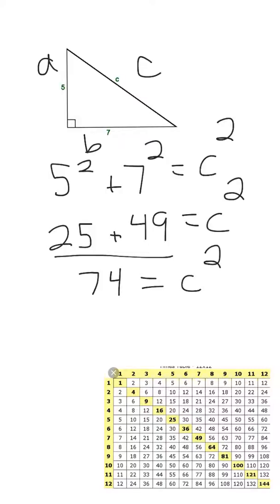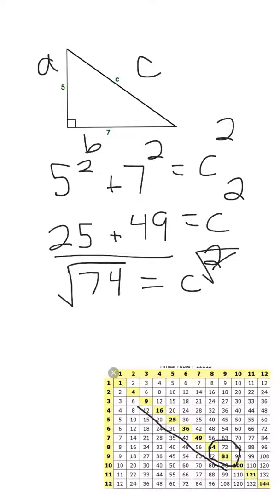Then to get rid of my square, I take the square root, so I also have to take the square root on this side. For the square root of 74, if I look at my diagonal, I don't see the number 74, so I know it's not a perfect square. So I look at what numbers it's in between. The square root of 74 would be between 64 and 81.